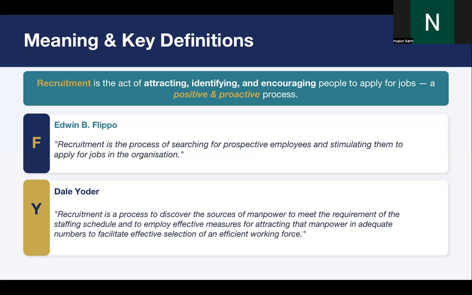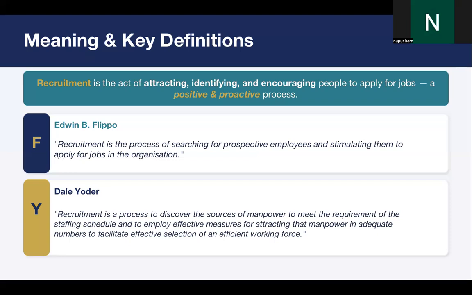Let me break it down into three parts. Part one is discover sources of manpower. This means identifying where the talent comes from. It could be colleges, job portals, competitors, internal promotions. So these are the sources of identification.